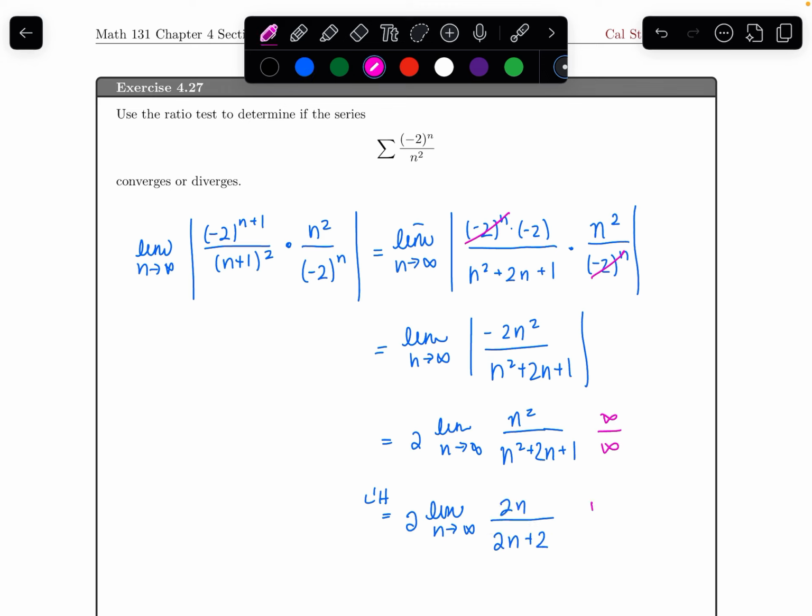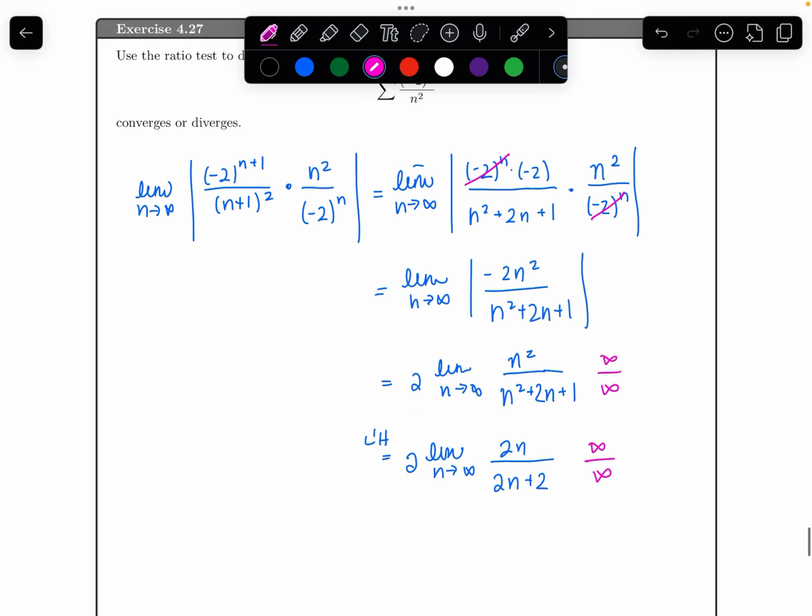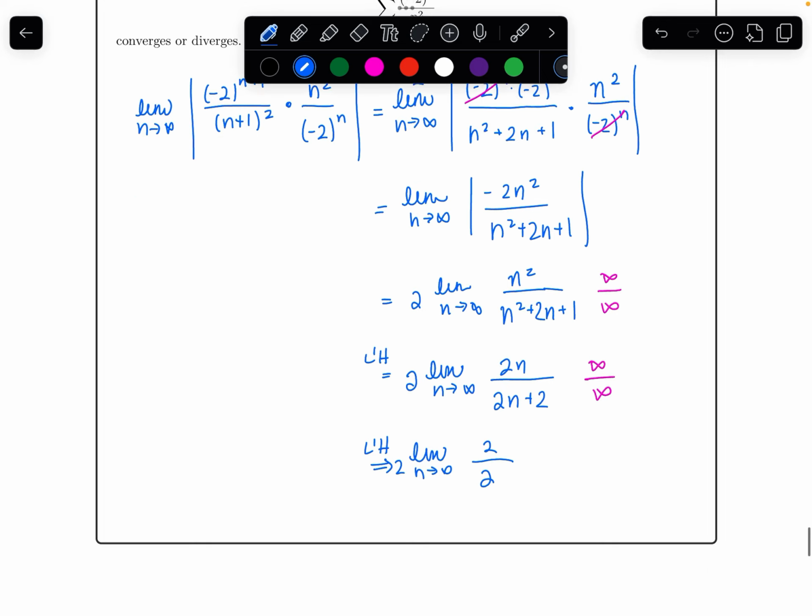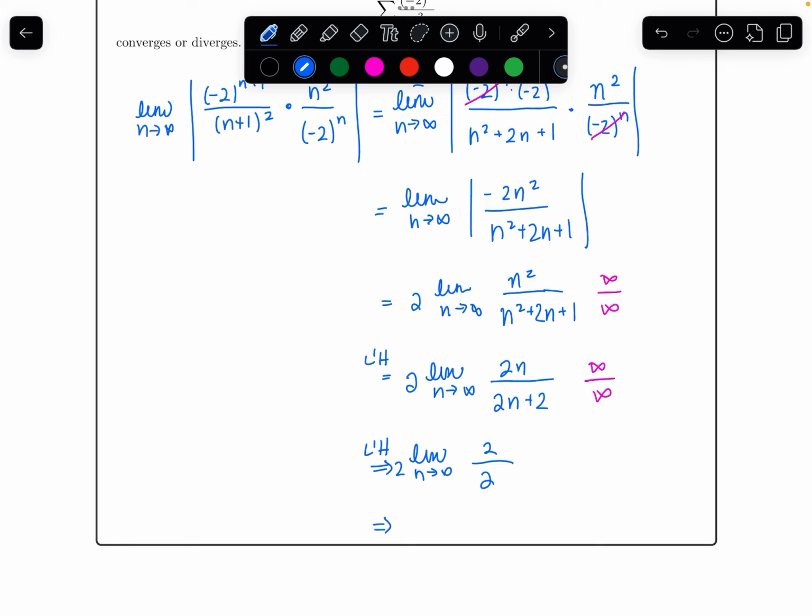This is, in fact, another infinity over infinity case, so I'm going to take another derivative. So I have the limit as n goes to infinity of 2 over 2, which is a constant, 1, the limit of a constant, so I get 2 times 1, which is 2.